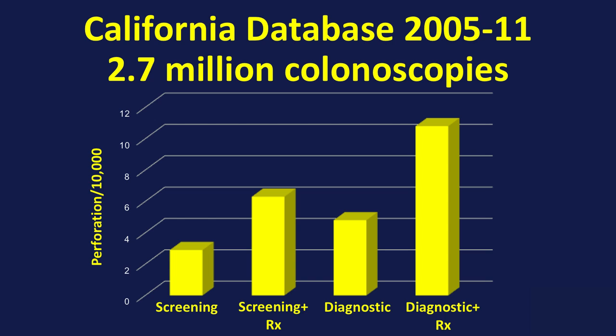When you add intervention, the risk increases significantly to about 1 in 1,000 colonoscopies. So you have to be careful when you do any intervention and be able to manage that perforation with endoscopy.